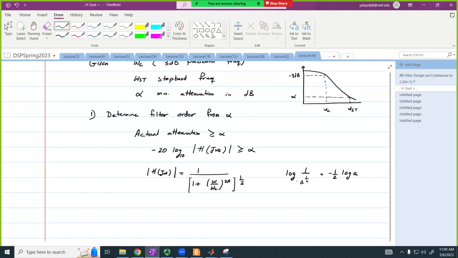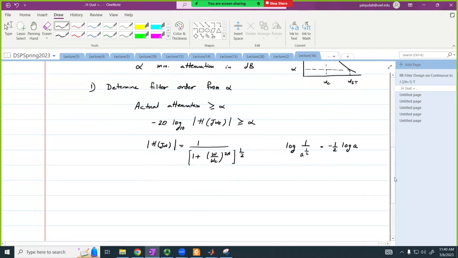Therefore, we need 10 multiplied by log10 of 1 plus omega stop over omega cutoff to the power of 2n to be greater than or equal to alpha.